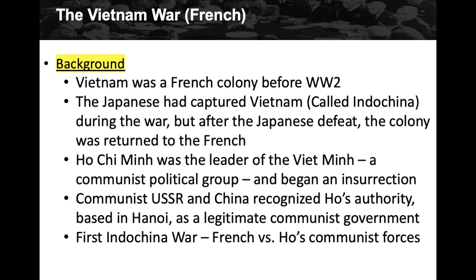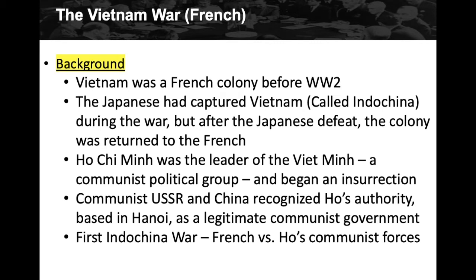The USSR and China look at Vietnam as the next place that communism can spread. The first thing they did was recognize Ho Chi Minh's authority, based in Hanoi, the capital of North Vietnam, and they look at him as the leader of a legitimate communist government.